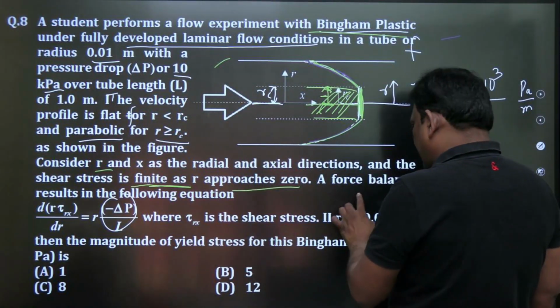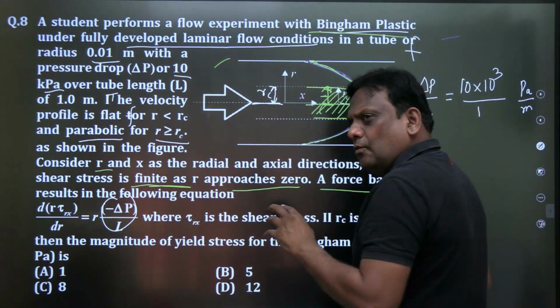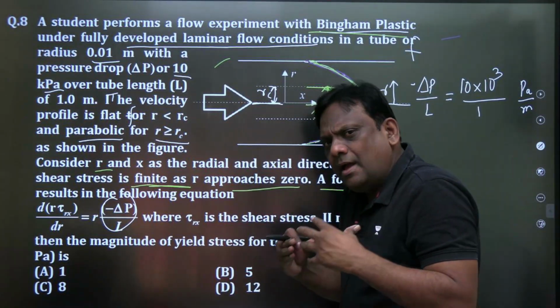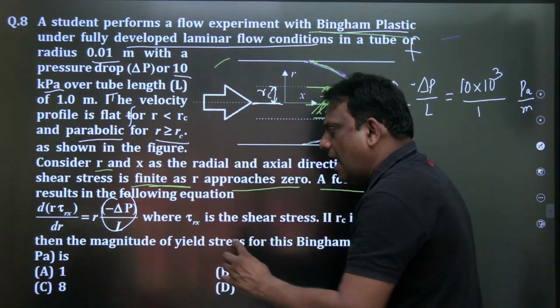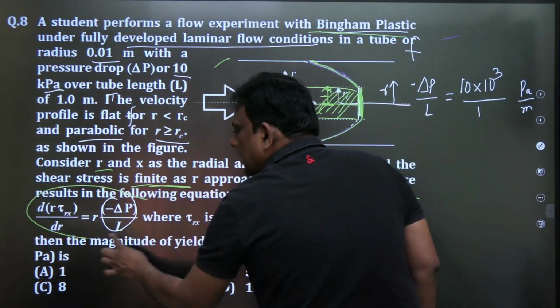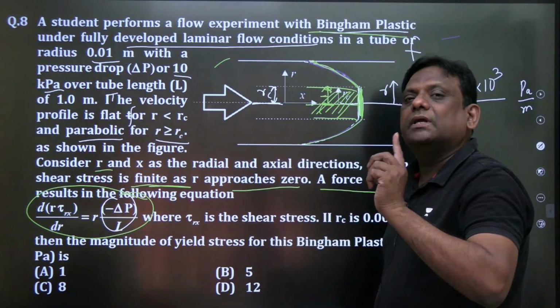And he has also given a force balance. When you take a free body diagram and analyze forces, the force balance results in an equation like this. So let me take this equation and go to the next slide.